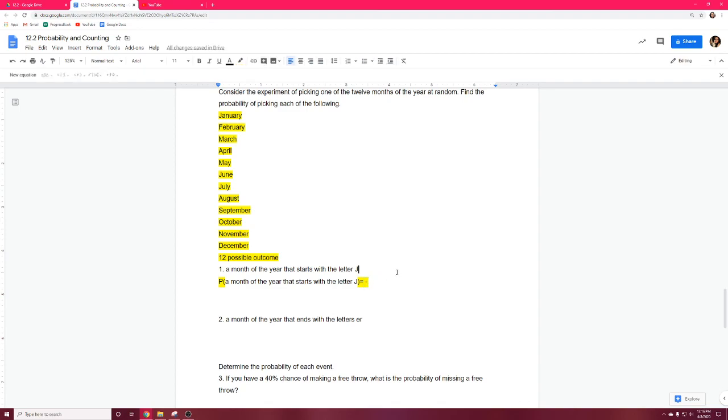On the top, there will be a month of the year that starts with a letter J. Let's look at it. January 1, June 2, July 3. Anything else? Nope. So 3 out of 12. Simplify, you got 1 over 4, divided by 3 on the top and the bottom. My bad.